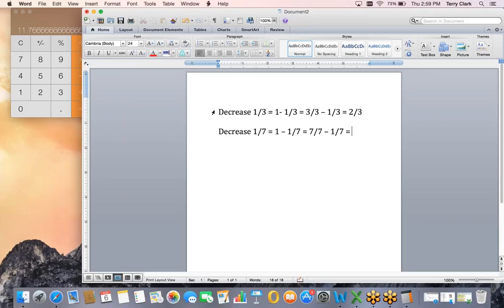And then that'll equal 6/7. Okay, so that's how we do the decrease. But you're going to have to subtract somewhere in the process, and multiplication is going to be involved in the process as well. Either way.